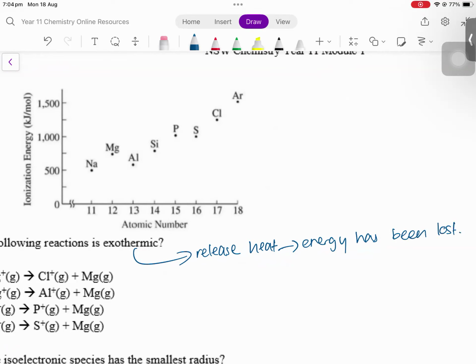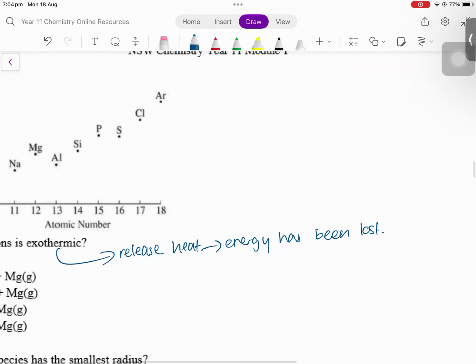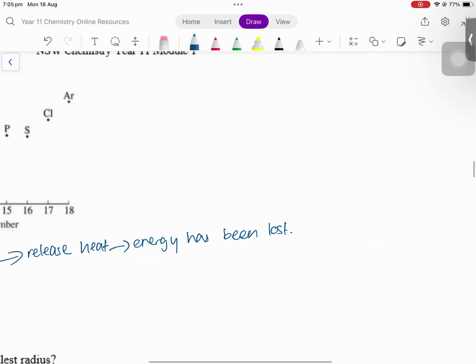Does the idea of energy being lost remind you of anything you learned in Mod 1? Before I give you any hints, maybe I'll rephrase it. Instead of energy being lost, I'm aware you didn't hear the word lost in Year 11. You did hear another phrase in module 1 though.